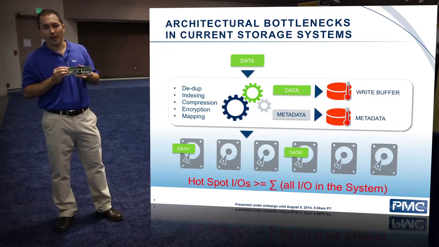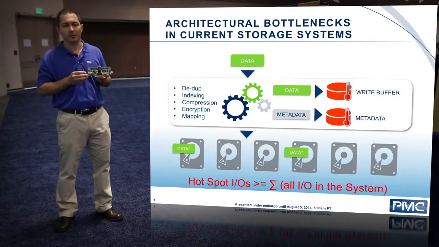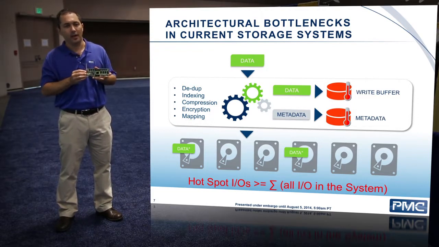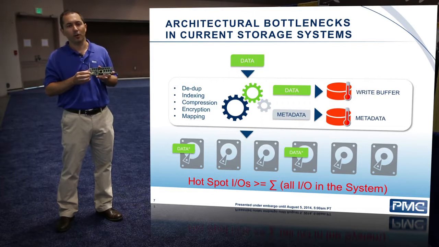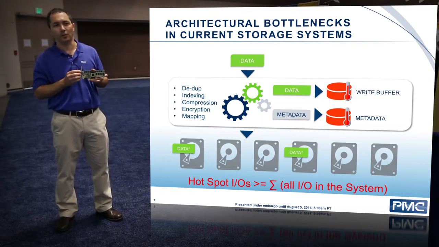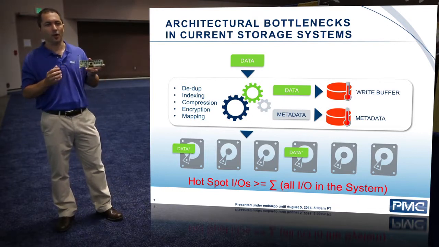If you look at any storage system today, what you see is what you have here in this slide. You'll have the data coming in from the external interfaces. You'll have the storage engine that's doing the processing of that data. And every storage engine will have its own key feature, whether it's deduplication, compression, encryption or mapping.